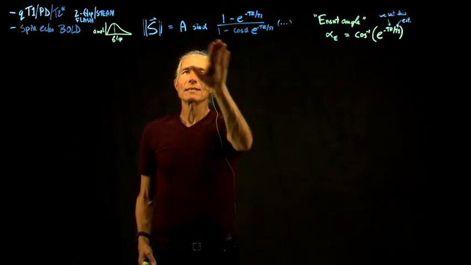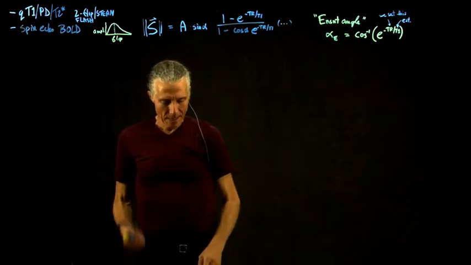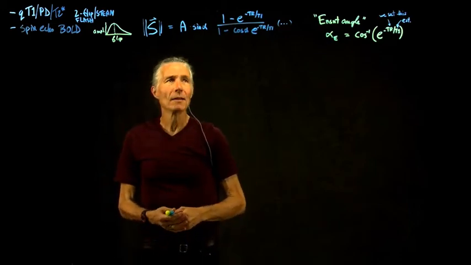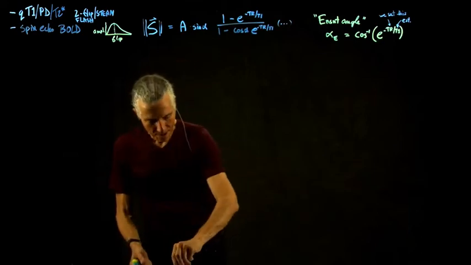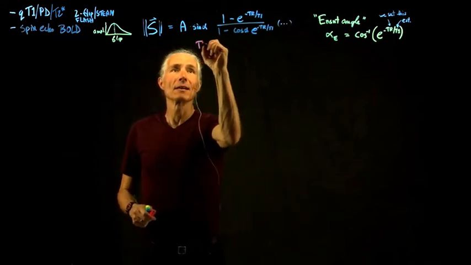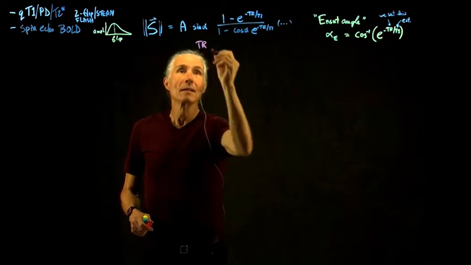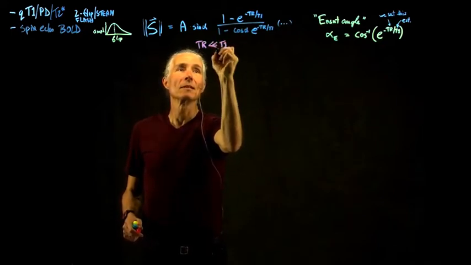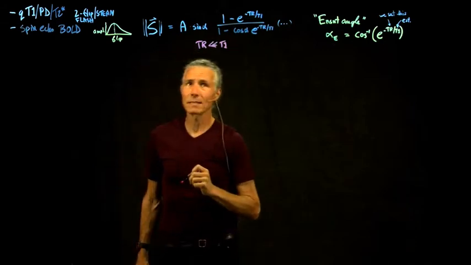So now let's approximate this. What I mentioned last time is that if we make a couple of assumptions, like our TR is much less than T1, we can make some simplifications.